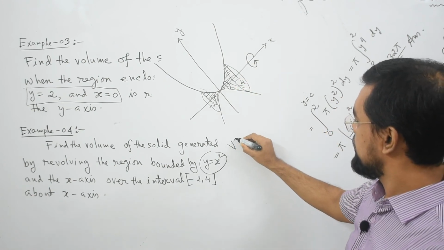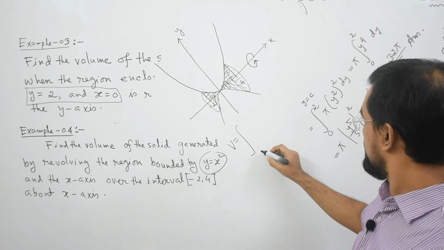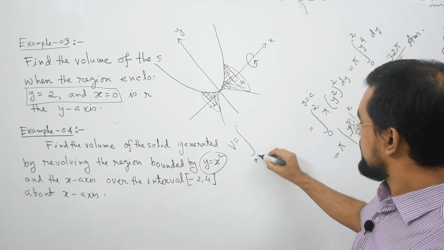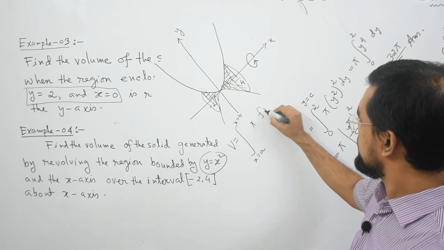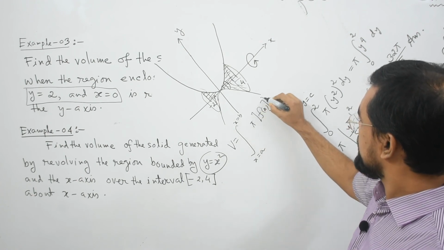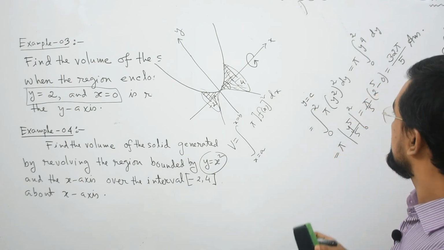So we need to use our volume formula 1, which is x equal a to x equal b, pi f(x) square dx.